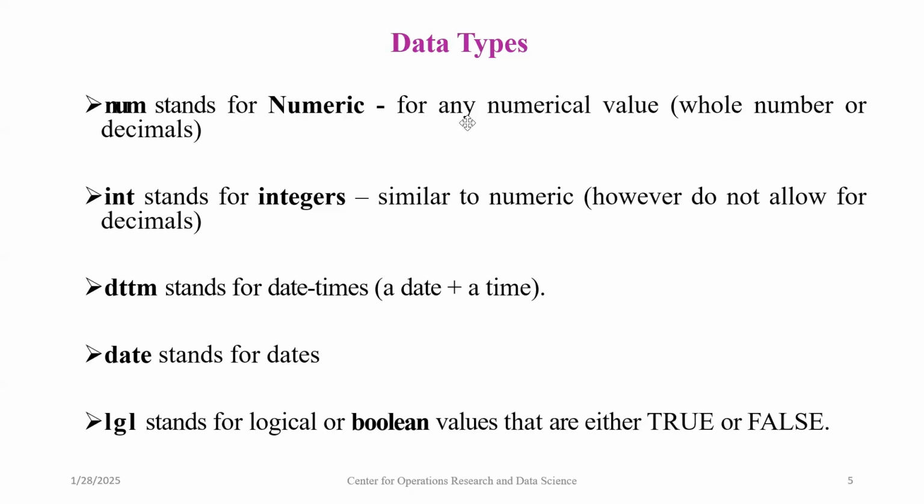Then the final one we want to talk about is the logical type of data. This logical type of data captures either true or false information. You can also see it being called the Boolean data type or Boolean values. So with this brief description of the data types, let's go to our R script and see some applications.